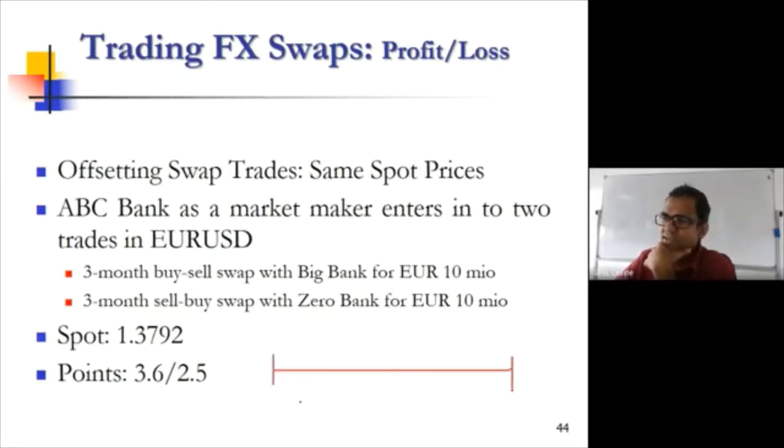There are two legs. Central Bank of Sri Lanka receives 500 million USD. Say after 3 months, we have to pay back $500 million. And in the meantime, we give the equivalent amount of rupees.